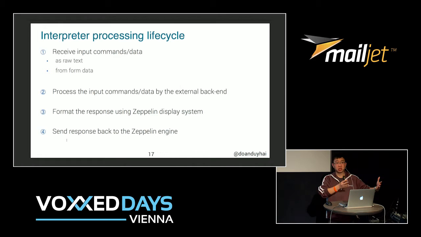Zeppelin doesn't understand your text. It can be Spark SQL, it can be a shell script, it can be a markdown script. It doesn't matter. Zeppelin doesn't try to understand it. It will just pass the text to the interpreter. The interpreter does its job and then sends the result back to Zeppelin.